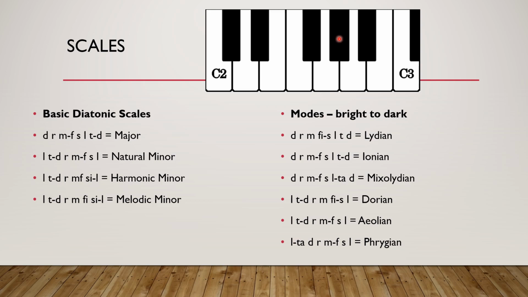Here's our tricky one. Fa to si is actually an augmented second. Let's follow this. I'm on A flat with a fa. We'd actually go fa, fi, so.